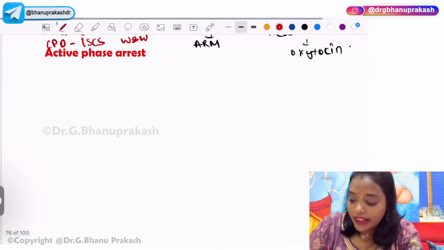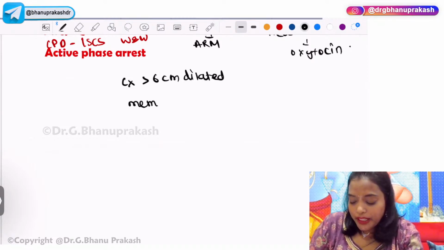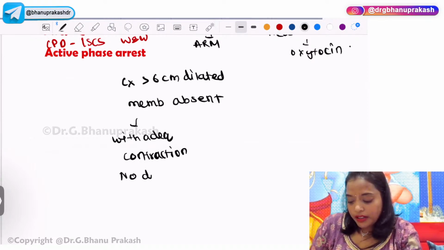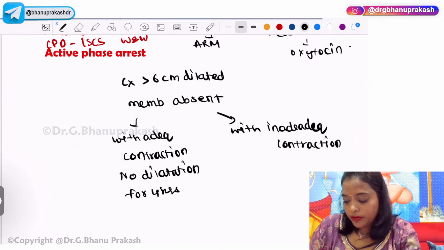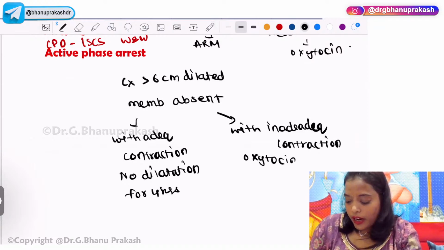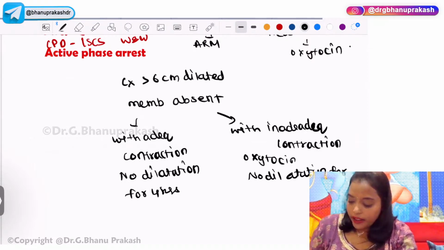When do you call active phase arrest? Active phase arrest is when cervix is more than 6 centimeters dilated, membranes are absent, with adequate contractions, no dilatation for 4 hours, or with inadequate contractions, you give oxytocin and no dilatation for 6 hours.